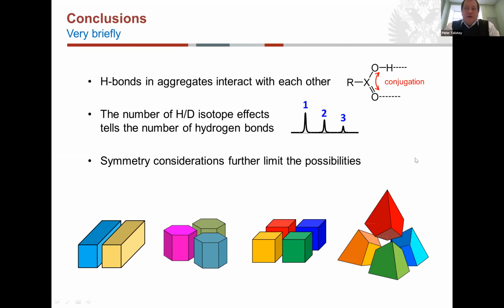Well, I guess by increasing the strength of the non-covalent interaction that holds aggregates together, one can make the restrictions on temperature easier.